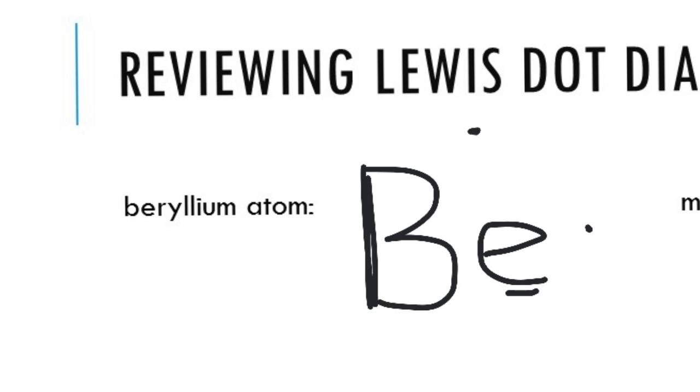If there were any more, we would continue around the circle, and then we would start pairing them. But that's not the case for beryllium. Beryllium only has 2.